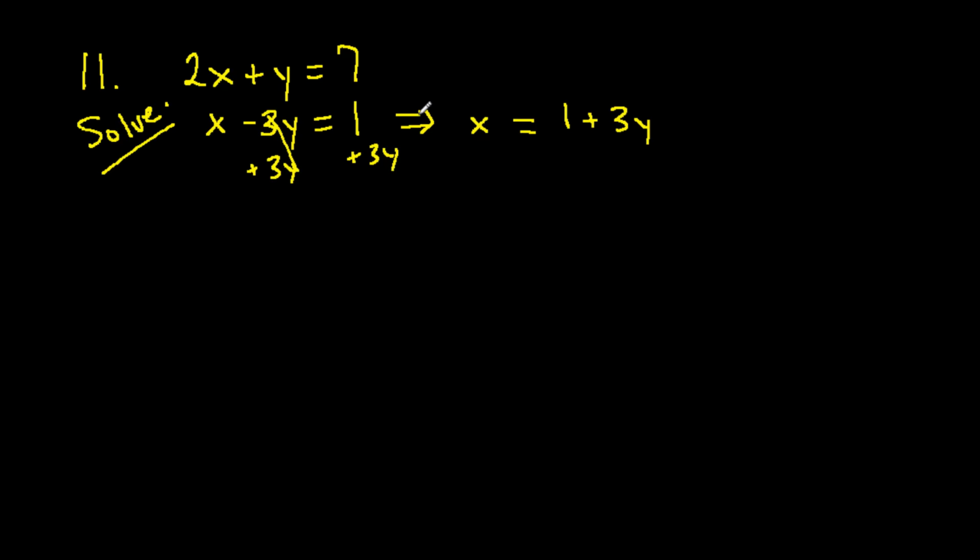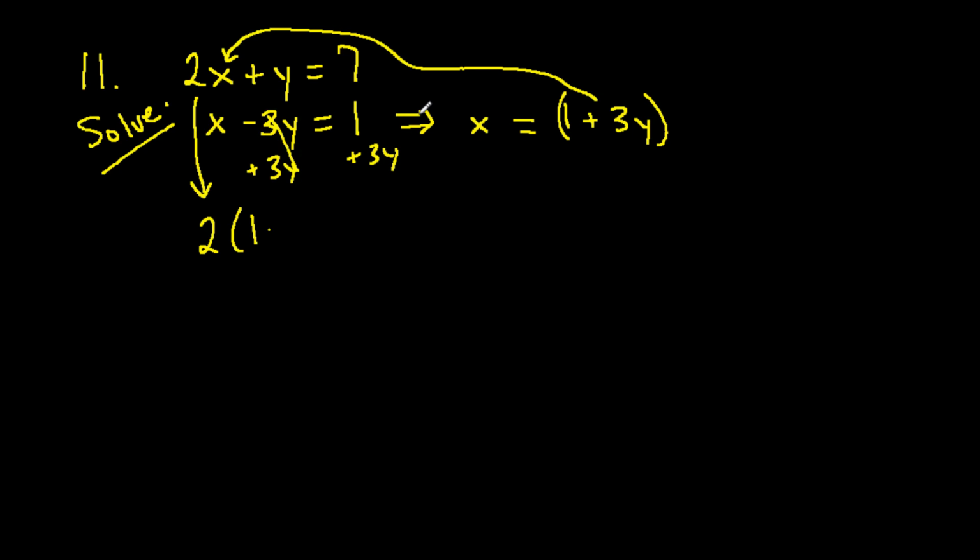Now that we know what x equals in the bottom equation, we could substitute all of that for x into the top equation. So instead of 2 times x plus y equals 7, we can rewrite the top equation to be 2 times (1 plus 3y) plus y equals 7. So I rewrote the top equation, but instead of x, I put parentheses 1 plus 3y.